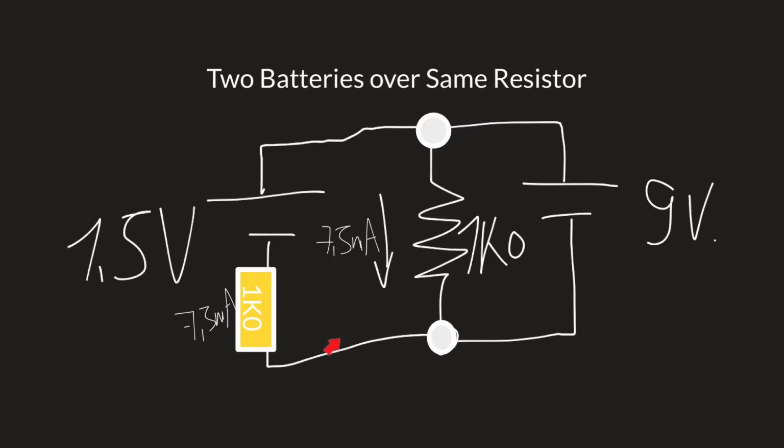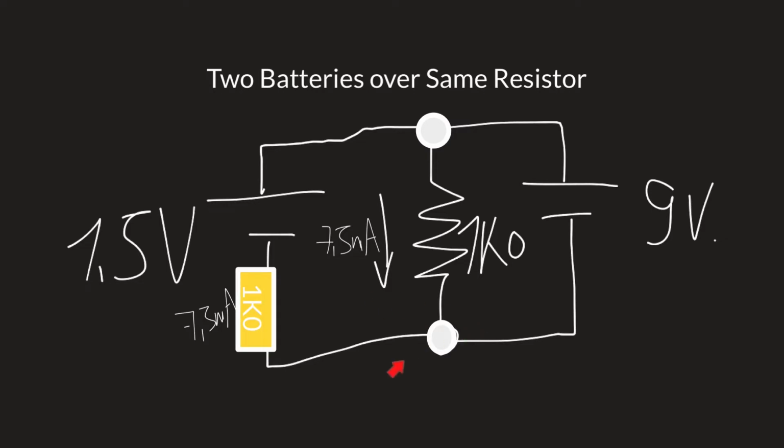So if we have 7.5 milliampere here over this 1 kilo ohm resistor, then we can be pretty sure that it is because of the 9 volt here, and then the 1.5 volt in opposition to the 9 volt, and then 7.5 volt across both of these branches.